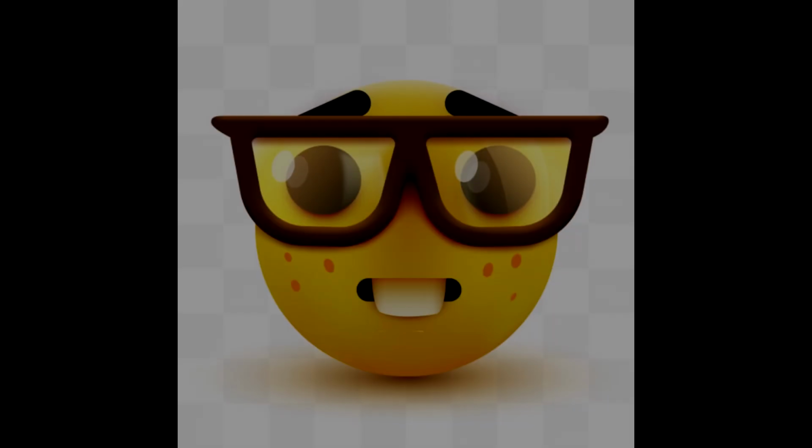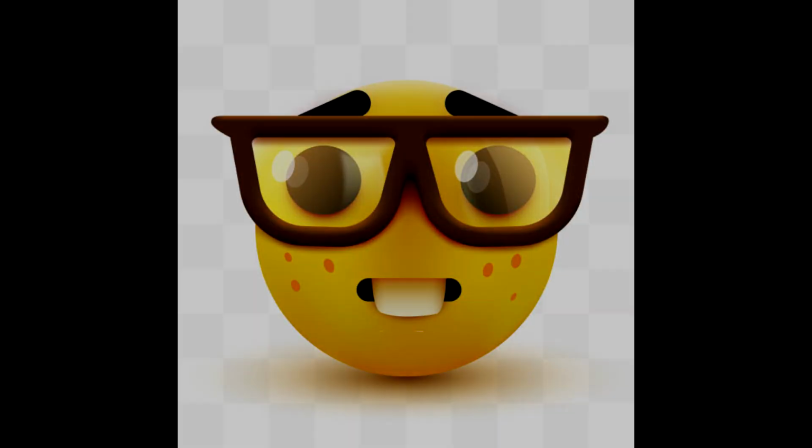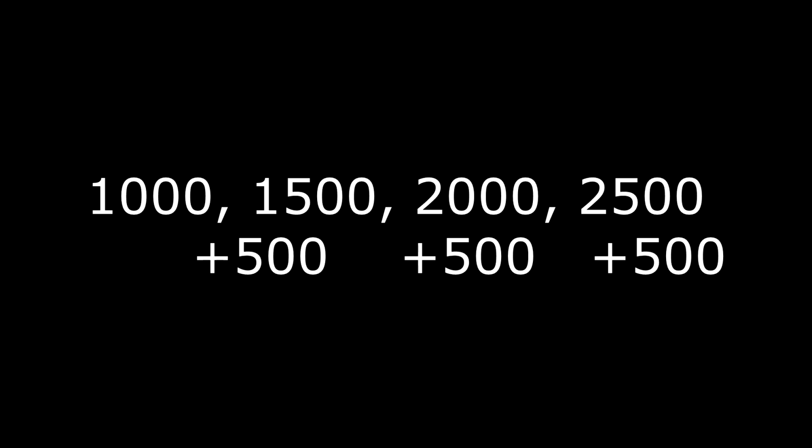However, what if the problem was to figure out the salary in 10 years' time? We could still do it by hand, but that would take even longer. So instead, we can opt in to use maths. We would do so by doing the following. Find the common difference, which would be 500.